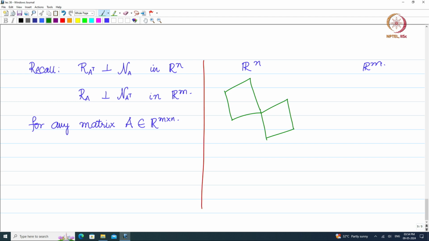This is the null space of A and this is the range of A transpose. Then we had the range of A and the null space of A transpose.